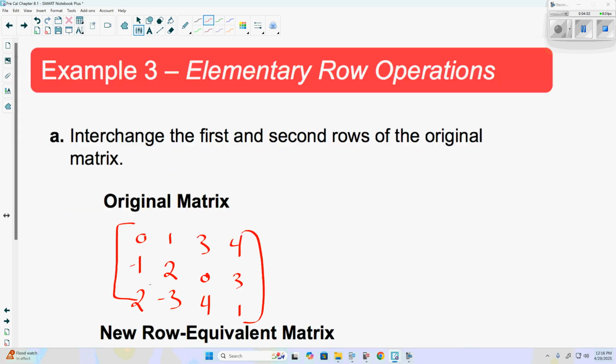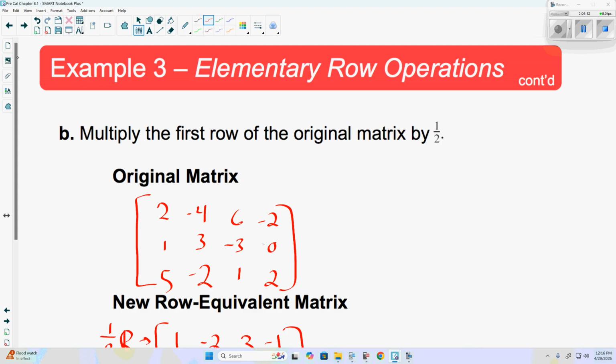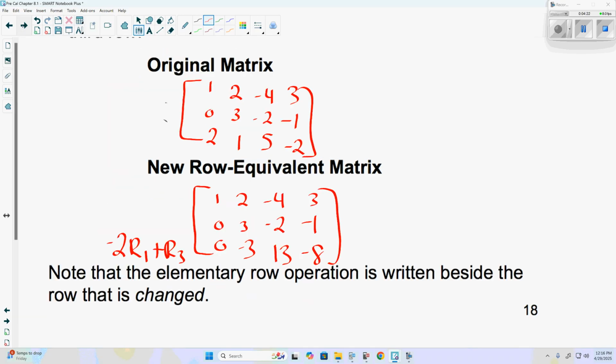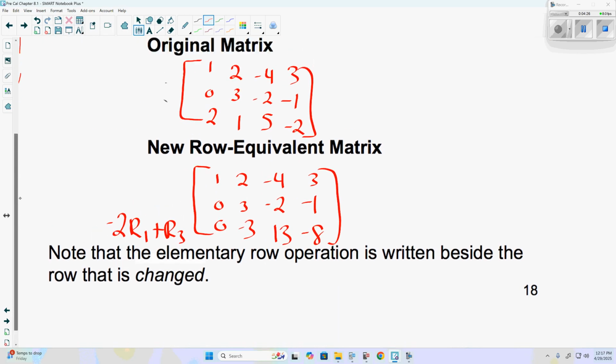We can add rows to each other. So if we wanted to, we could flip the first and second row. There's nothing that says we can't. We can also take the original matrix and take this first row and multiply everything by 1/2 to simplify it down. And we can do that multiplication and addition at the same time.